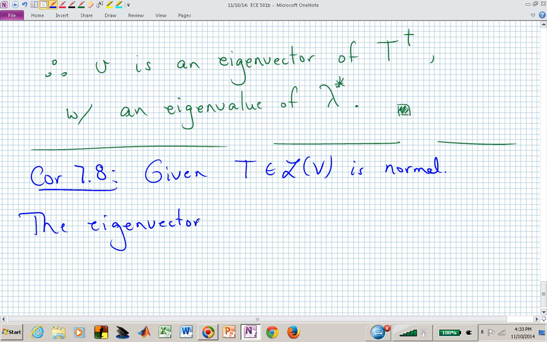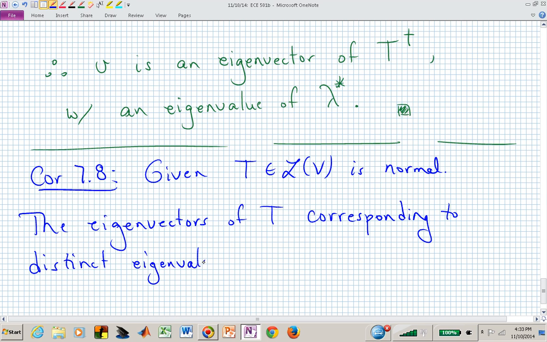And this corollary says the eigenvectors of T corresponding to distinct eigenvalues are in fact orthogonal.